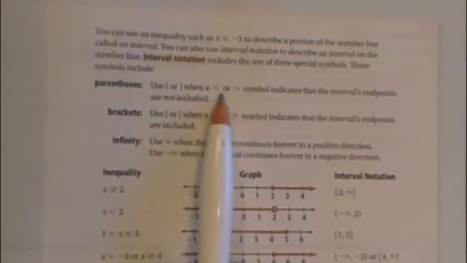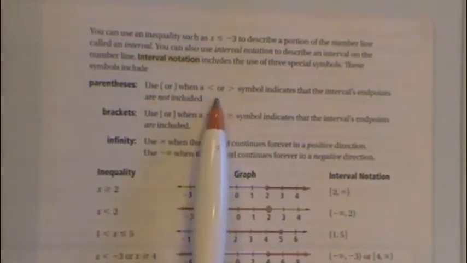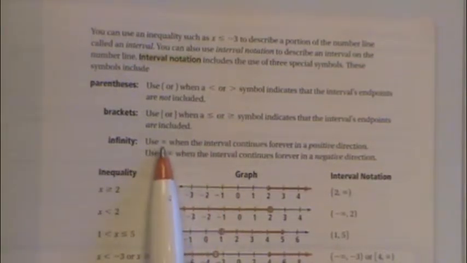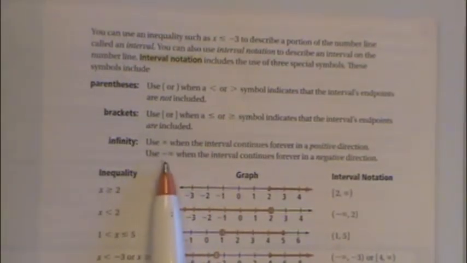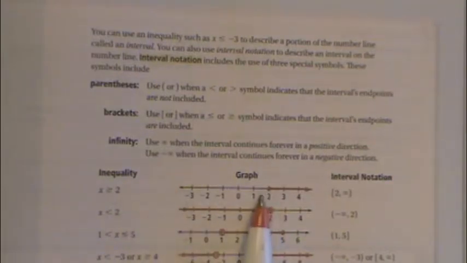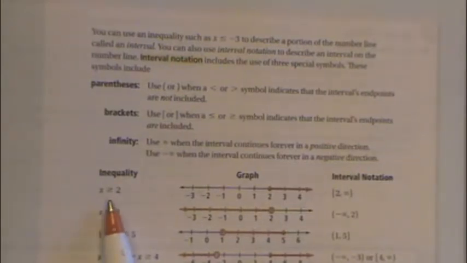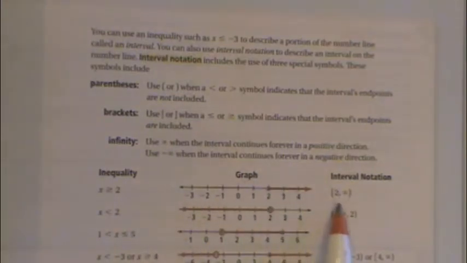Parentheses when it's not equal to, greater than, less than, or equal to. Brackets when it is greater than, less than, or equal to. This is a little infinity symbol, or a negative infinity, to show that the graph is moving off forever in that direction. Basically, if you take this nice, straightforward, comfortable inequality, x is greater than or equal to 2, here's what they turn it into.